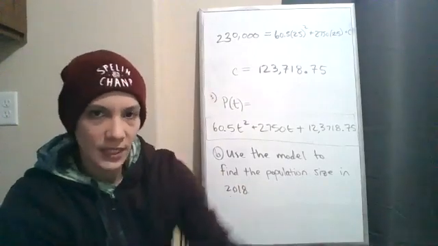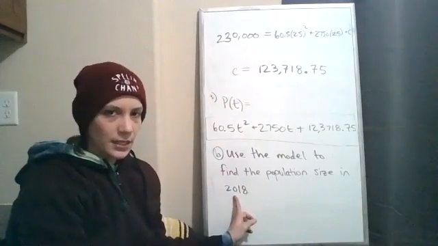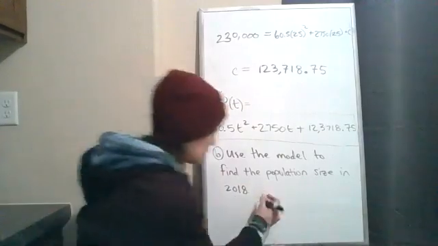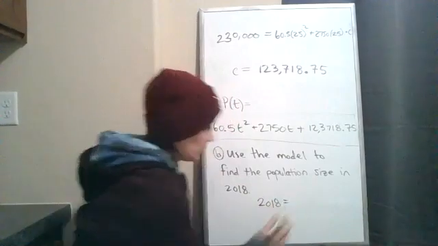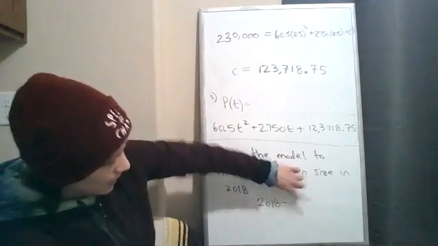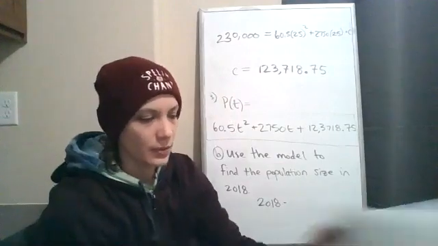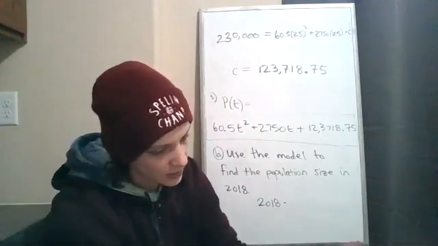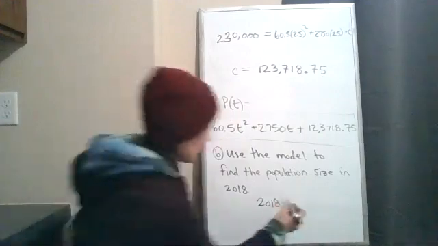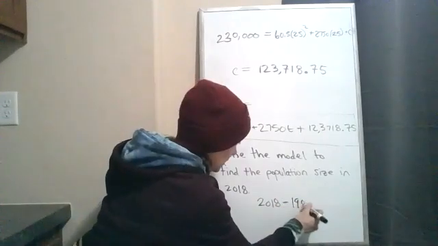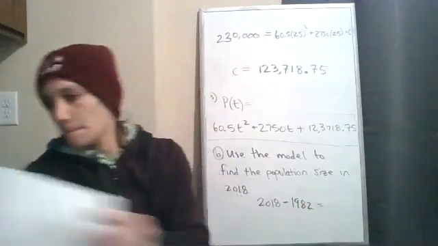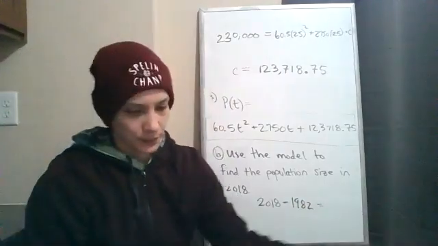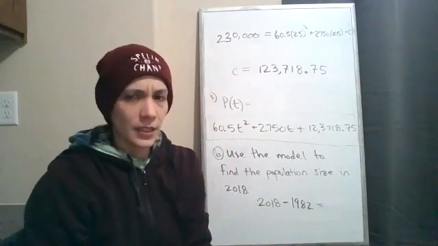So you have to figure out what t value corresponds to 2018. Take that year and subtract 1982. Got 36.